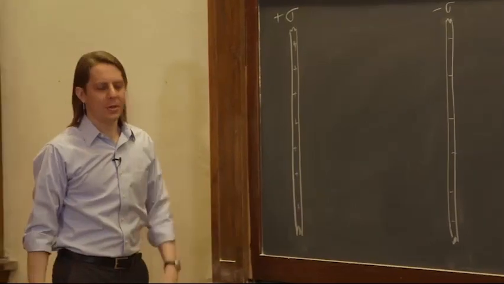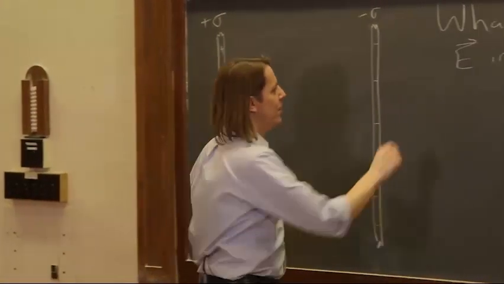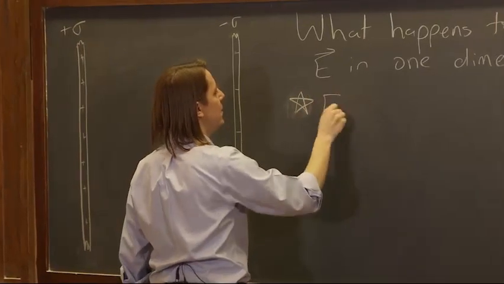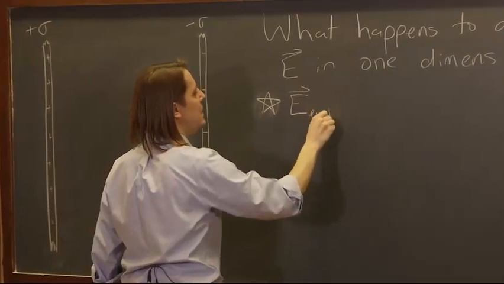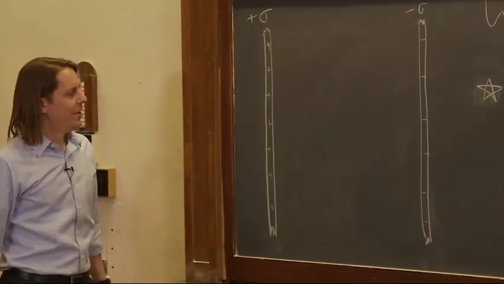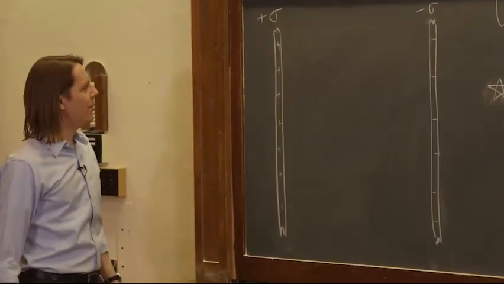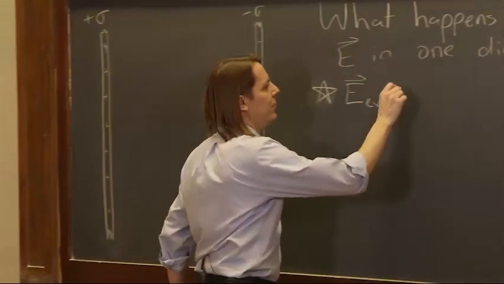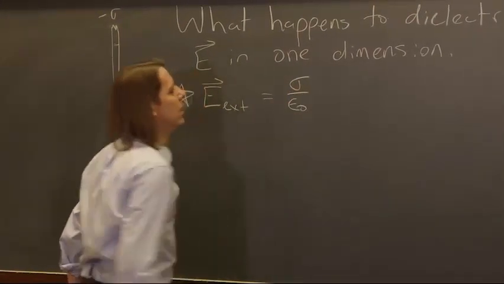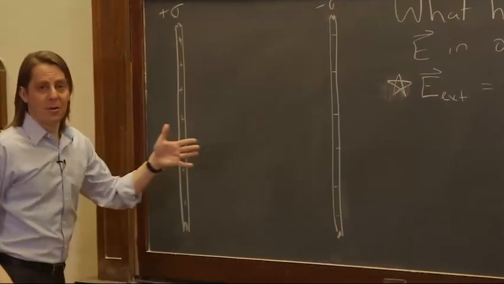Okay, so we have created our uniform field, and for now we need to specify which field we're talking about, E external. Every book uses its own little symbols or subscripts for everything. I'm going to call this the external field, the one created before we put anything in here.